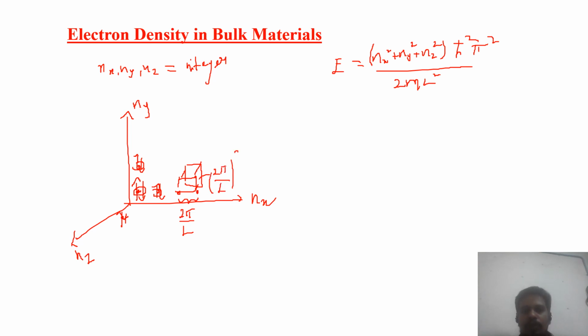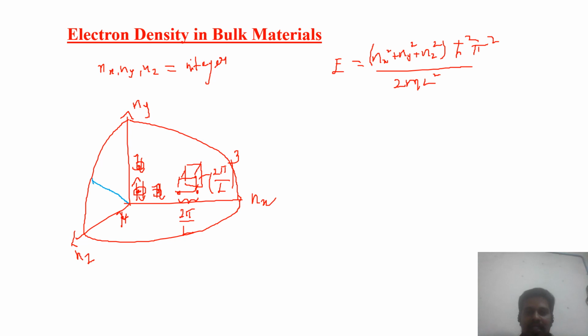But up to how far can you assign the points, or fill up the electrons? Up to the maximum energy, that means up to the Fermi energy. You can assign all the points, and then you can compute all the electrons, up to this radius. So you can call this the maximum allowed energy for the electron.